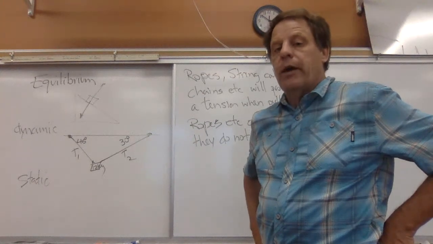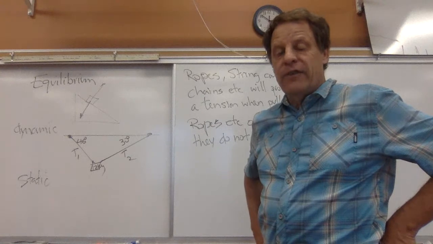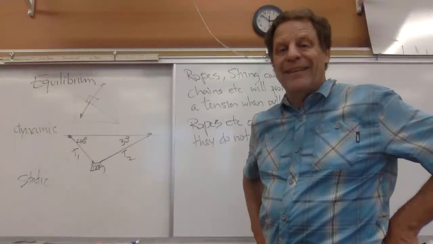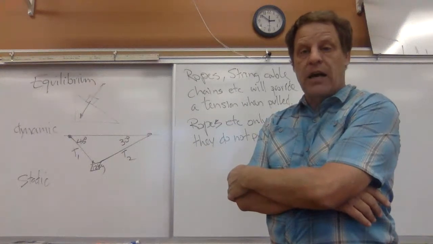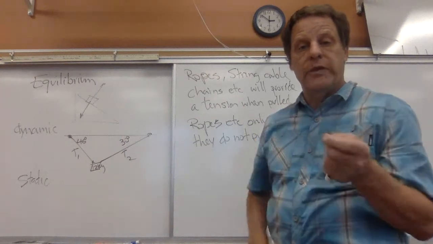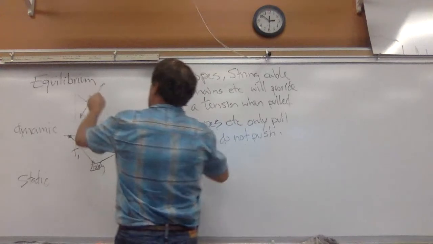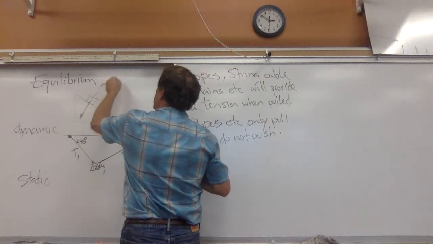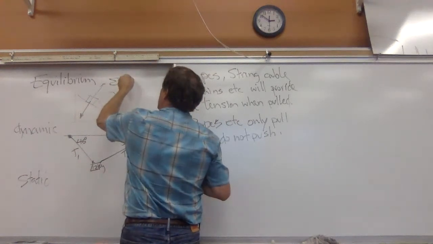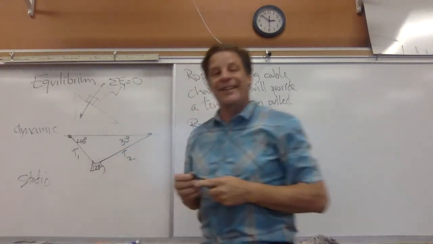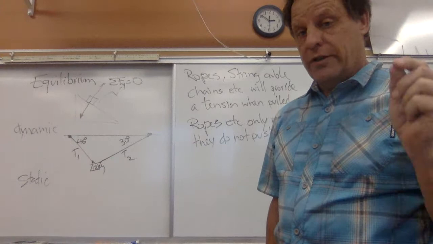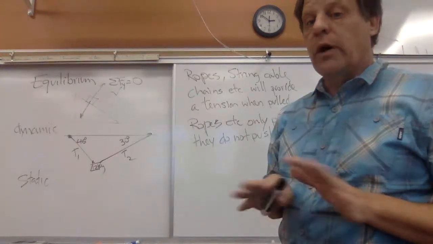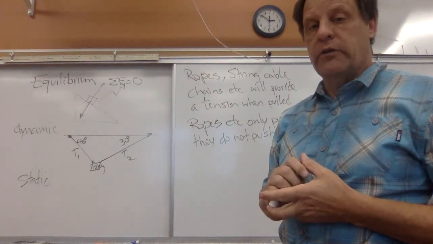When we set it up that way, we can realize that physically that block is not going to sink into our inclined plane, nor is it going to levitate away from it. So we knew that the sum of the forces in the Y was equal to 0, and that is an example of equilibrium, in which in the y direction there was no acceleration.